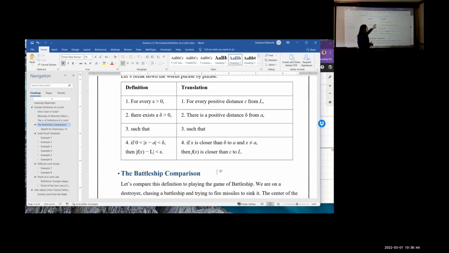For every epsilon greater than 0, for every distance of the Y value from L, there exists a delta greater than 0.